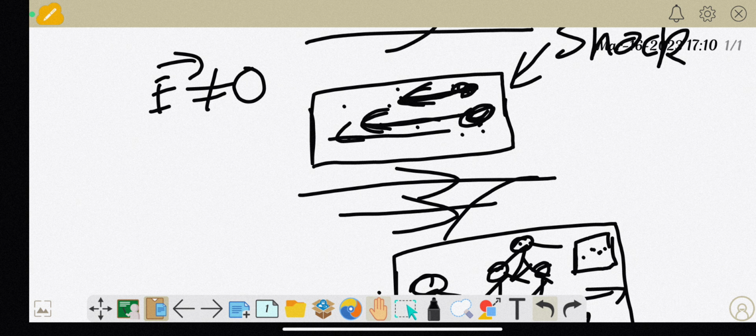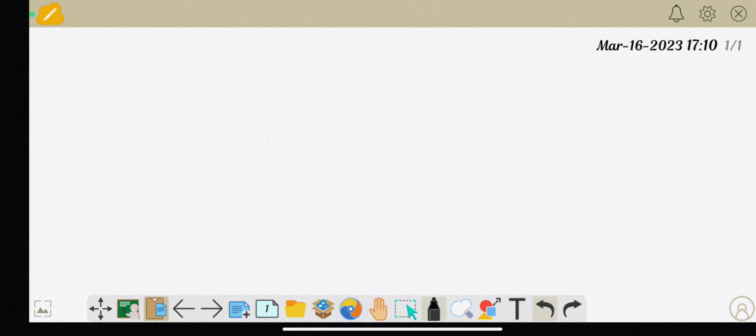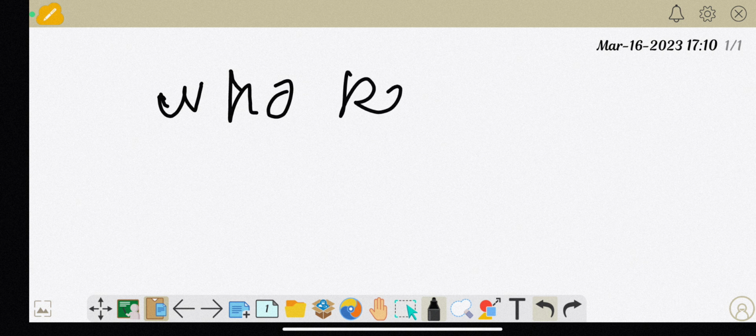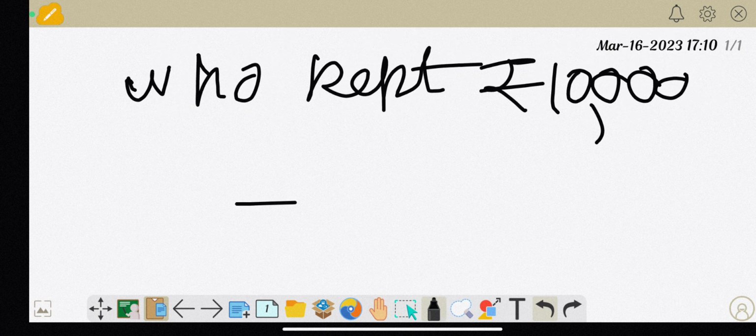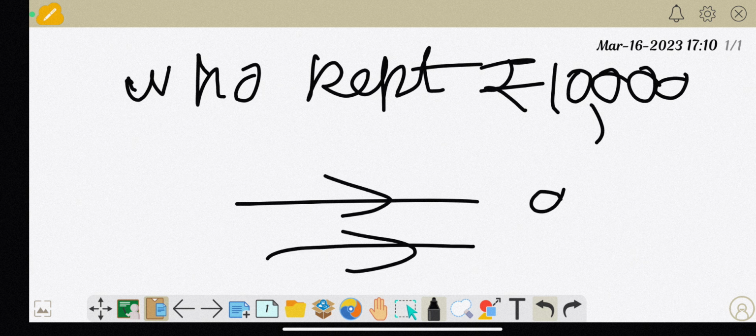Understood. So now the question arises: in that room, who kept the 10,000 rupees, or who was the reason for the electric field to be generated?